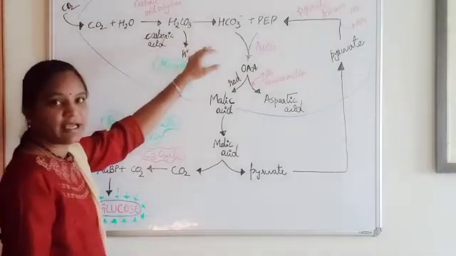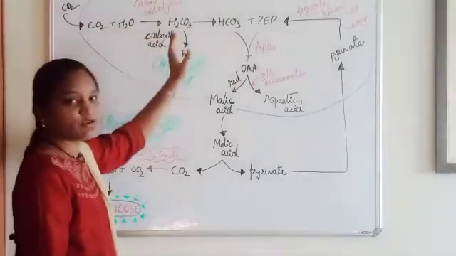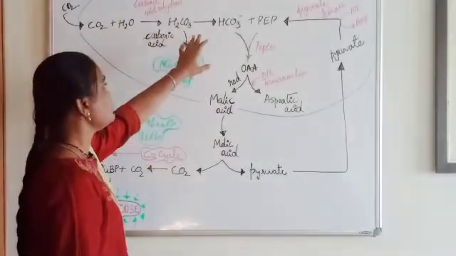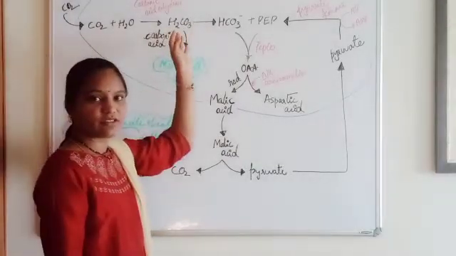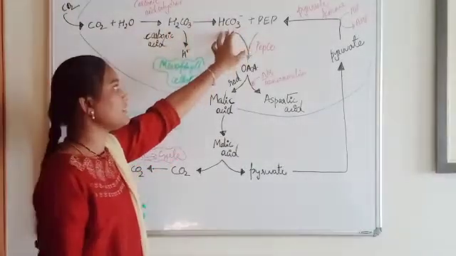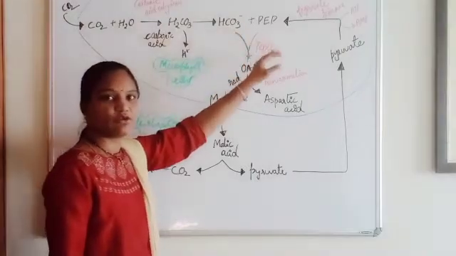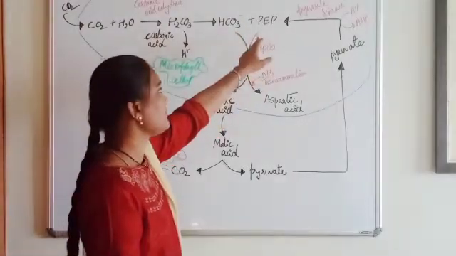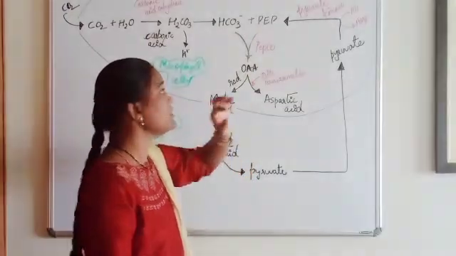This whole step takes place in the mesophyll. Now this carbonic acid will split into hydrogen ions and bicarbonate. This bicarbonate will react with phosphoenol pyruvate. PEP stands for phosphoenol pyruvate.